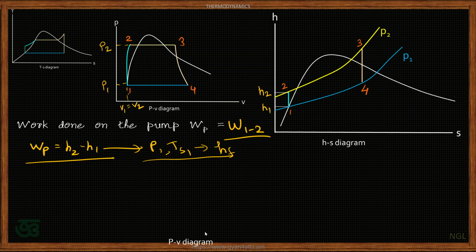Now there is another way to calculate the pump work, and that is from the flow work. Process 1-2 is a flow process, so work done on the pump is equal to specific volume multiplied by change in pressure dP.